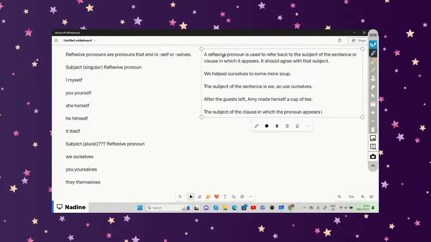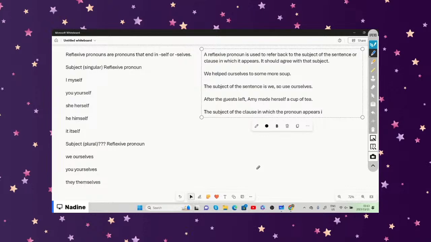A reflexive pronoun is used to refer back to the subject of the sentence or clause in which it happens, and it needs to agree with the subject. So if the subject is I, you, she, he, it, then we need to refer back to I, myself; you, yourself; she, herself; he, himself; or it, itself.